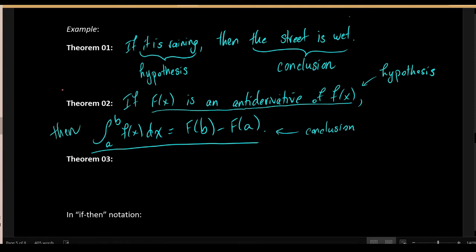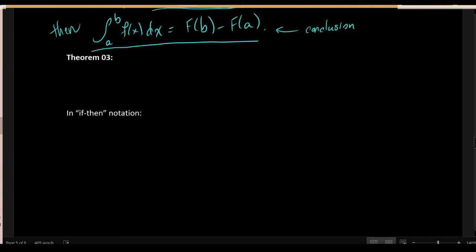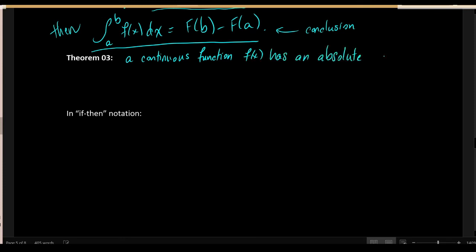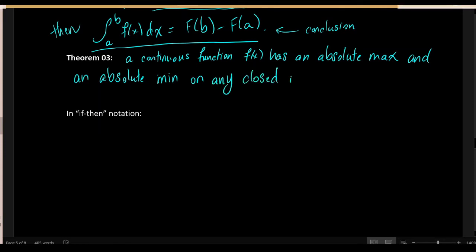Now, not all theorems will come to you in this exact format. You may have to do a little bit of paraphrasing. So for example, here's a theorem that you got in Calculus 1, where it says a continuous function f of x has an absolute max, aka a global max, and an absolute min on any closed interval AB.